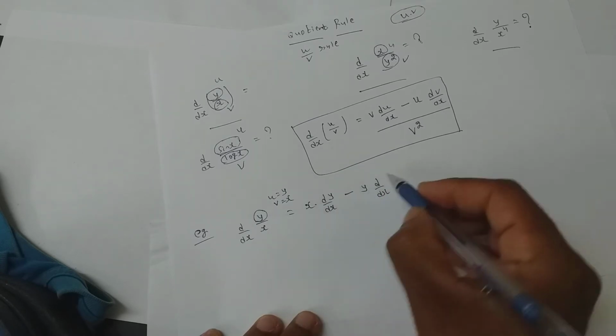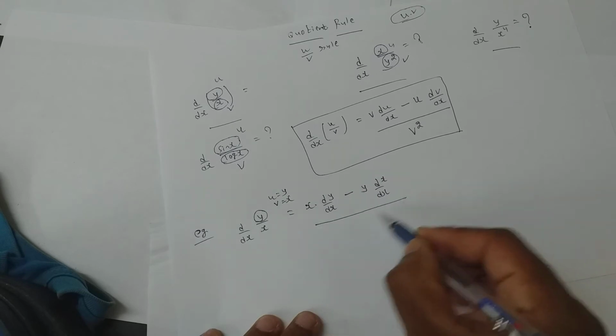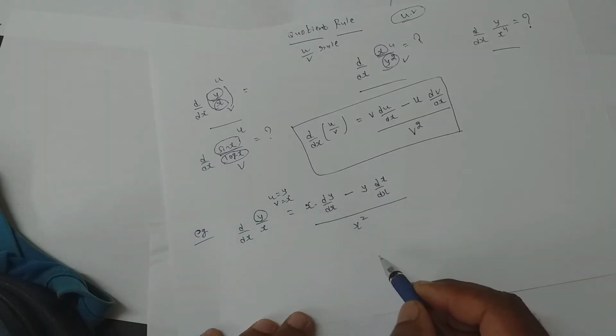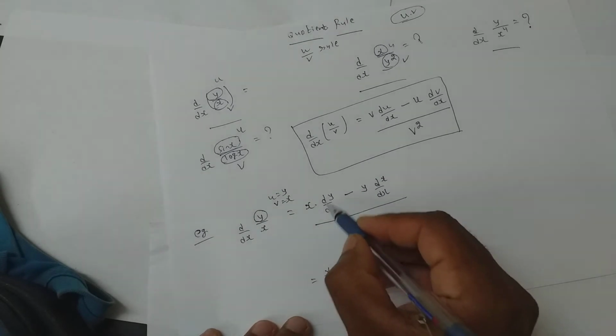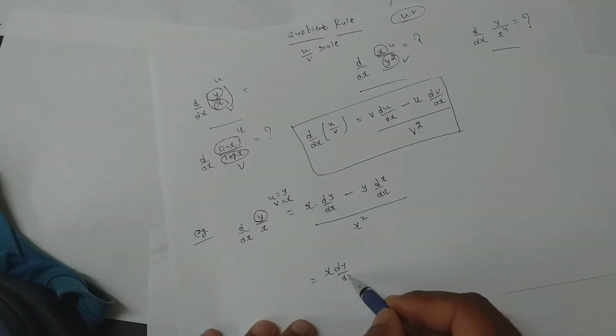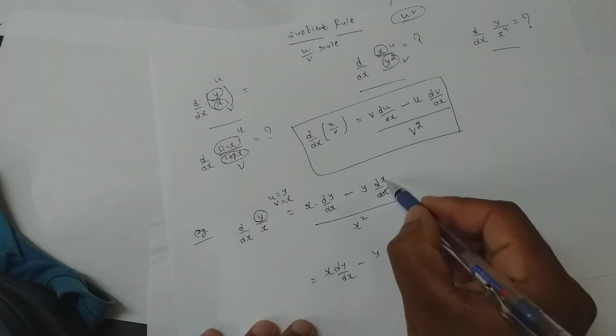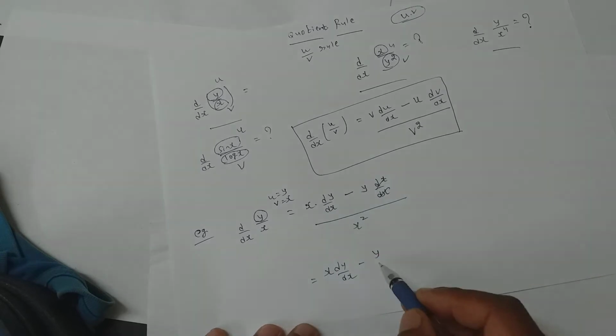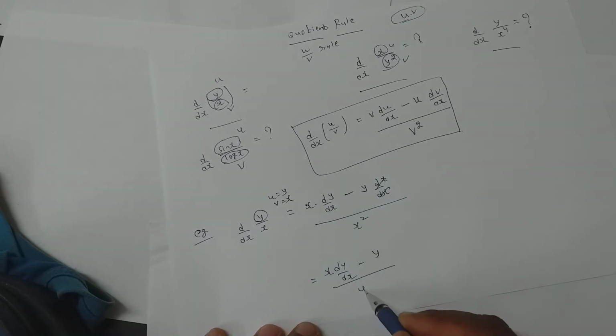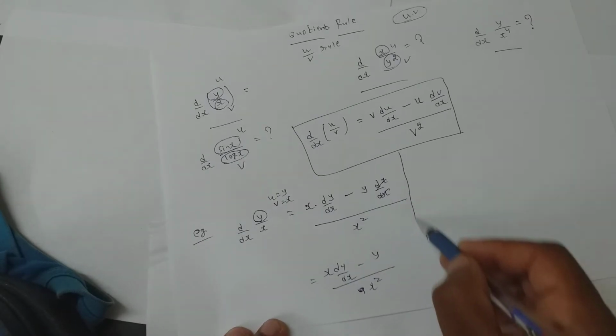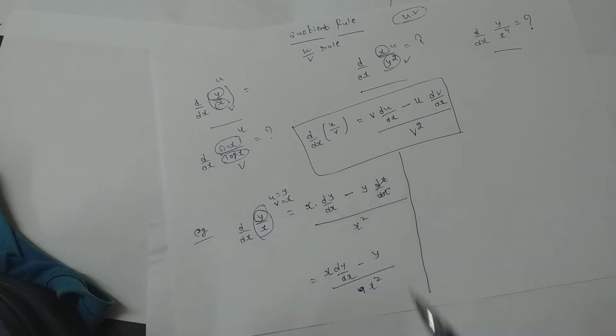What is v here? x, so it is 1, by x square. Now dy by dx cannot be simplified, so write as it is. Here 1 into anything is the same letter, by x square. So this is how we do. This is the differentiation of the given question.